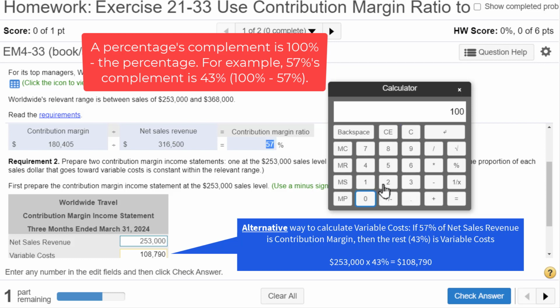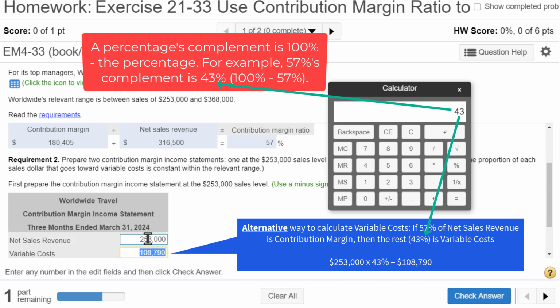So 100 minus 57 gives us 43. So this 108,790 must be 43%. So another way to calculate this is we could have taken 253 and multiplied it by the complement of 57, which is 43%. So let's try that.